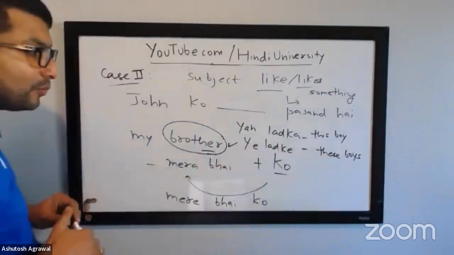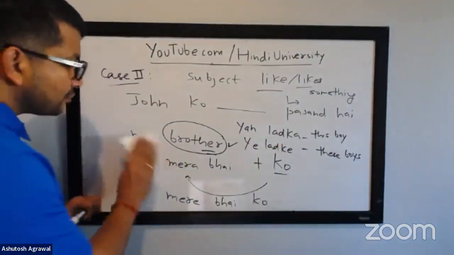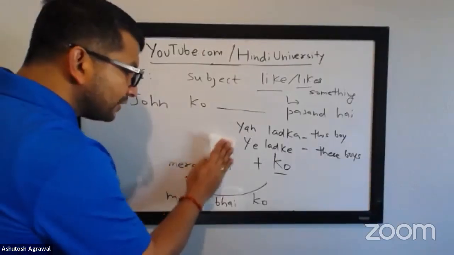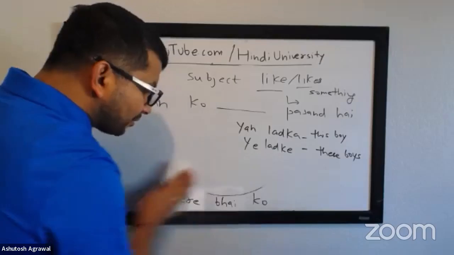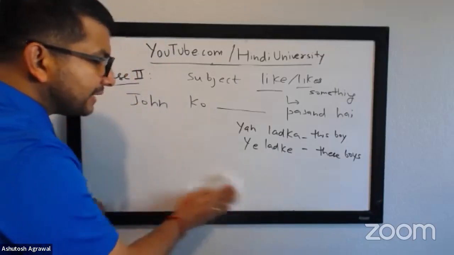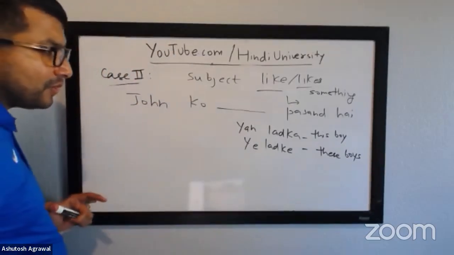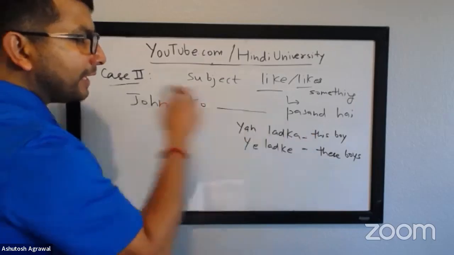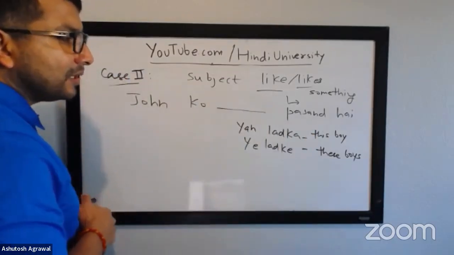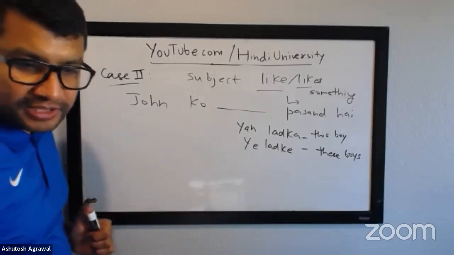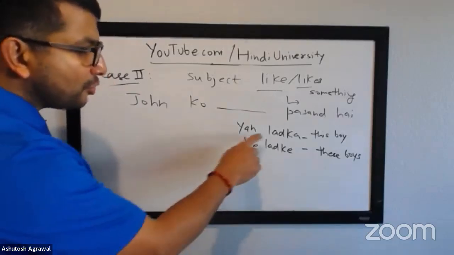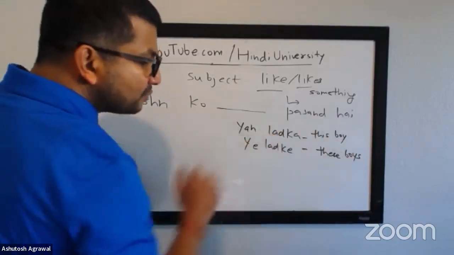Right now there's no postposition so far. This is an interesting question because it will teach you a little bit of the oblique case also. You want to say this boy likes swimming, or these boys like swimming. That's essentially your sentences, right? You're replacing John with this boy and these boys.